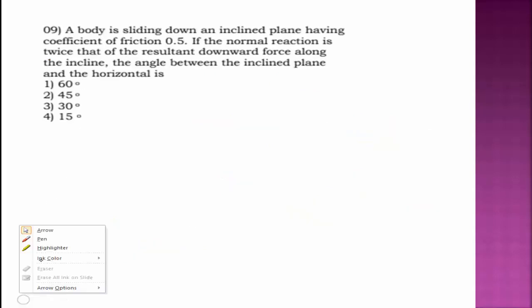Then the next problem is, a body is sliding down an inclined plane having coefficient of friction 0.5. If the normal reaction is twice that of the resultant downward force along the incline, the angle between the inclined plane and the horizontal is?